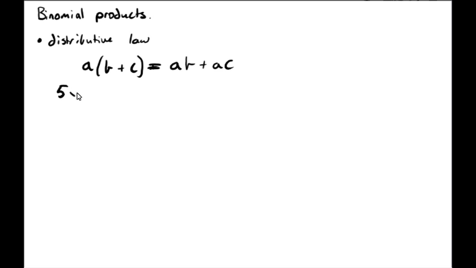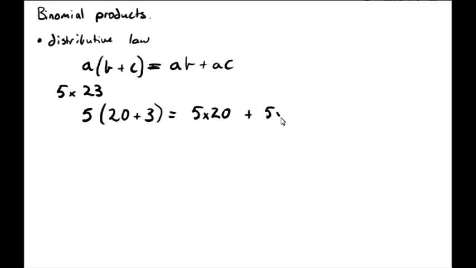So let's say we had 5 and we're multiplying it by 23. Now chances are you haven't memorized your 23 times tables, but you do probably know your fives. So this works in a way that we can say 20 plus 3. 23 is 20 plus 3. Now, I can say 5 times 20. I can probably work that out.